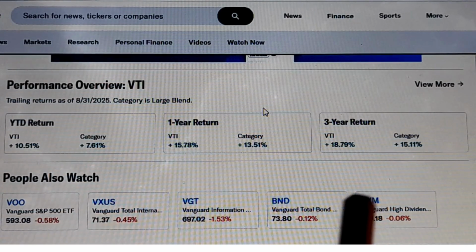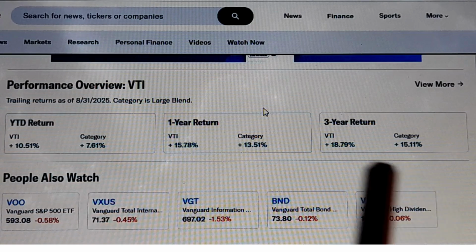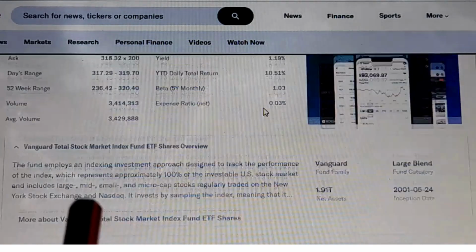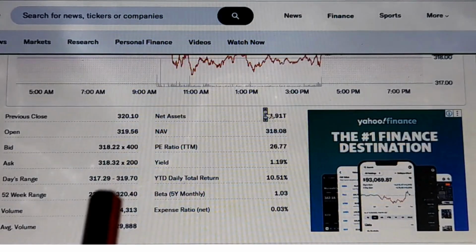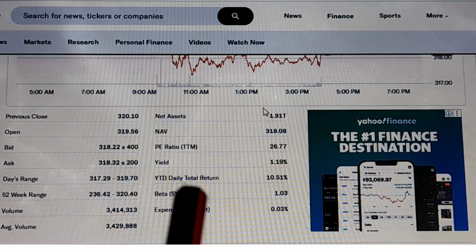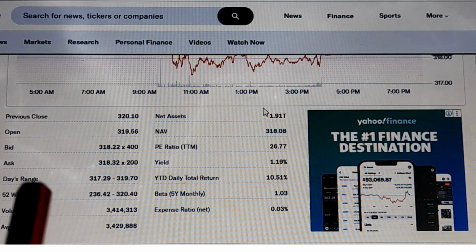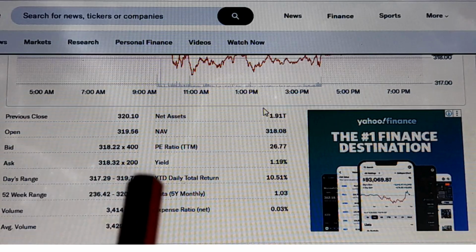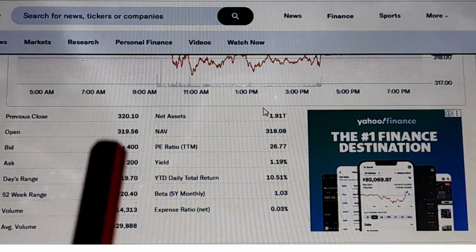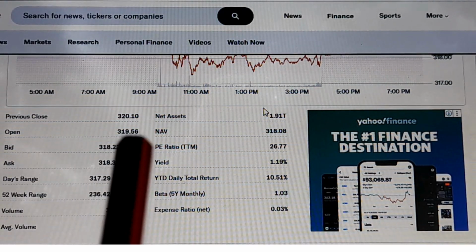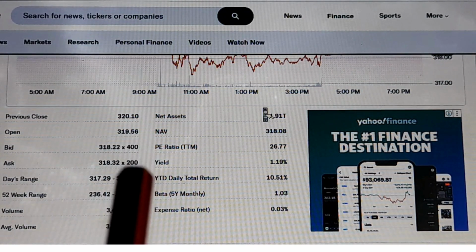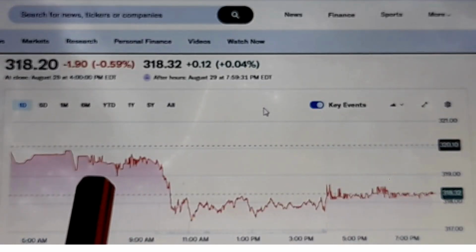By just looking at it, next time you open a chart, you will understand what is going on. Then going back up, I've covered the net asset value, the yield, what the significance is and what is happening. And right now the market is open, so that's why you see a change.